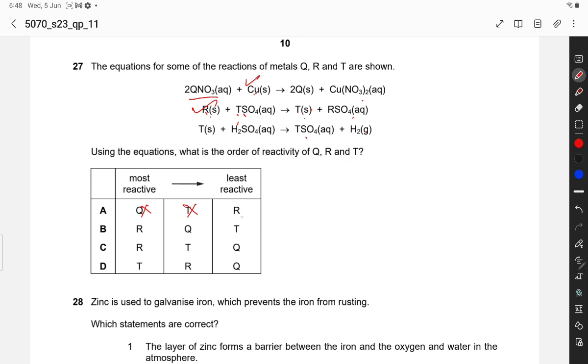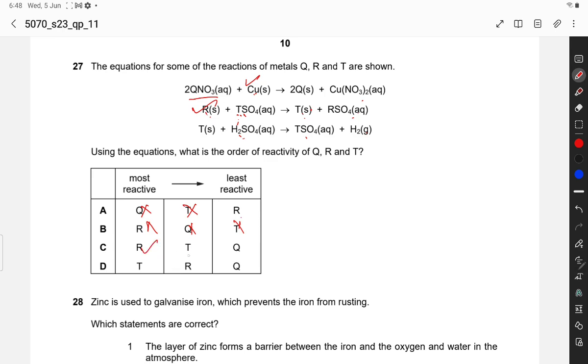R is not least reactive because R displaces T and T displaces hydrogen ion. It means R is more reactive than T and T is more reactive than Q. So this option is also incorrect.